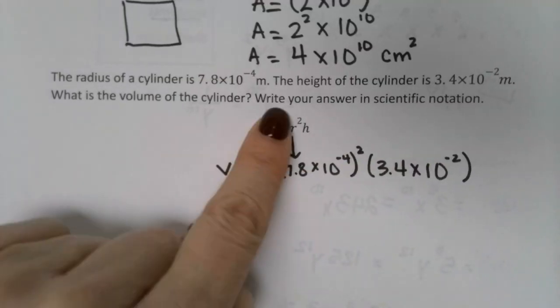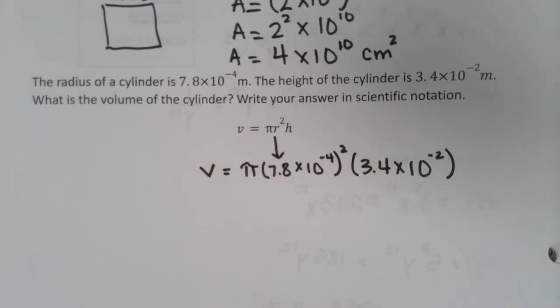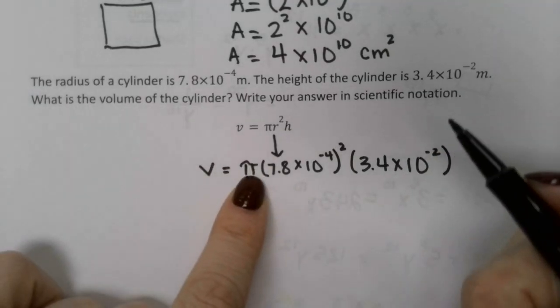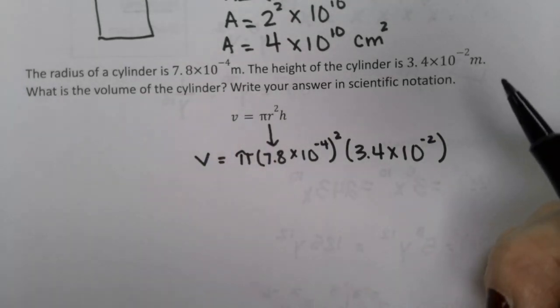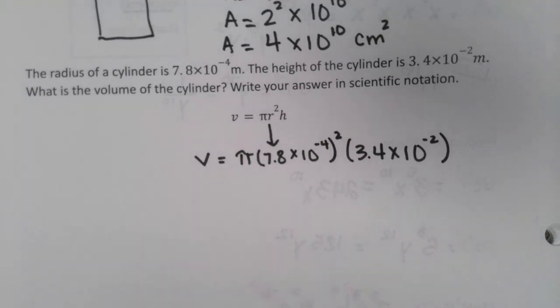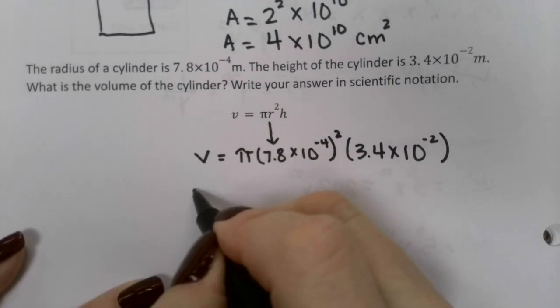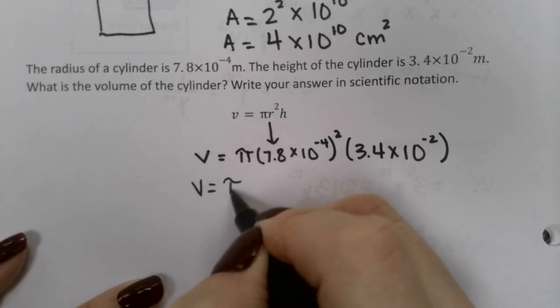That says what is the volume? Keep your answer in scientific notation. Now, I don't switch out pi for 3.14. I leave it sitting there like a variable. Like if I was solving along and I didn't know the value of x, I would just keep it sitting there as x. So that's how I treat that. So I'm going to leave that there.